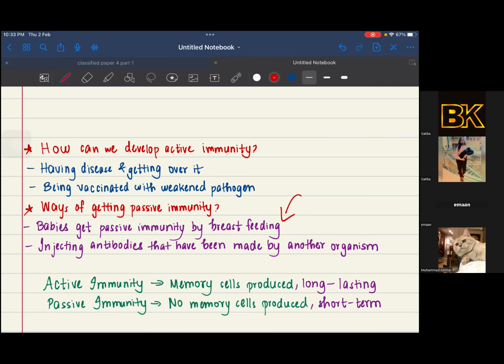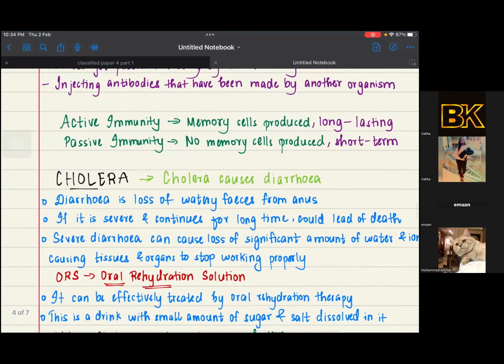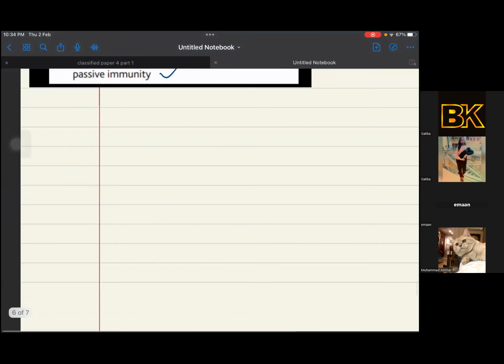But the baby's body did not produce any antibodies or memory cells. So that is passive immunity. Do you get it? Yeah, okay. If the baby got the infection, he made the lymphocytes, then it is active immunity. But directly giving the antibodies would be passive immunity. Okay? Iman, you get it?